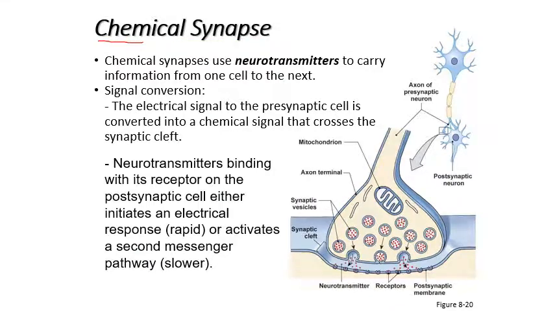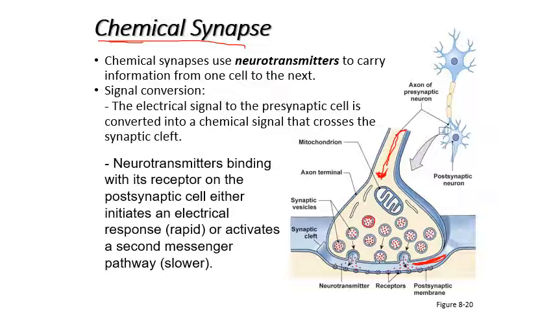So looking closer at this chemical synapse, here is the presynaptic neuron, and an action potential is coming down the axon. At the synapse, we're taking this electrical signal, the action potential, and converting it into a chemical signal in the synaptic cleft. These little chemicals, the neurotransmitters, are sitting in vesicles.